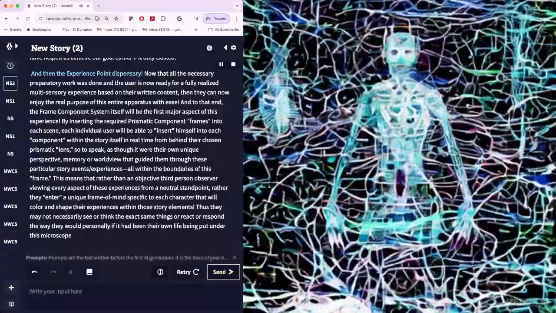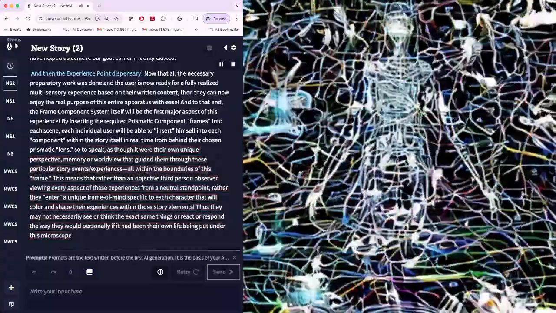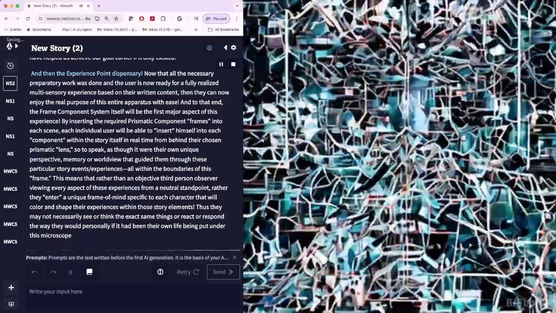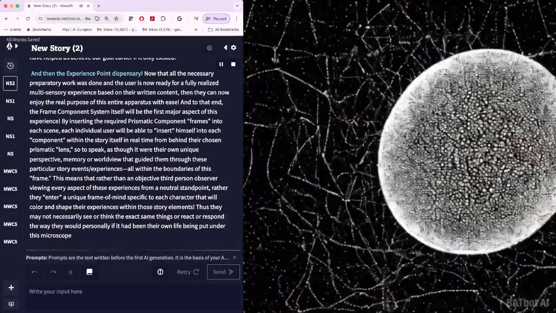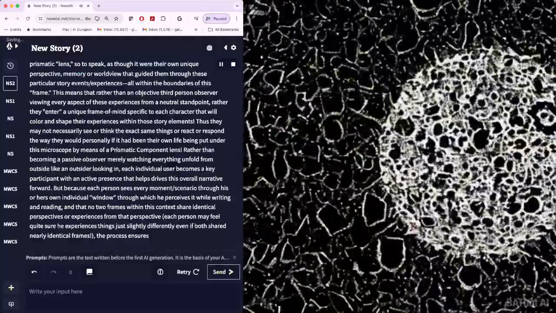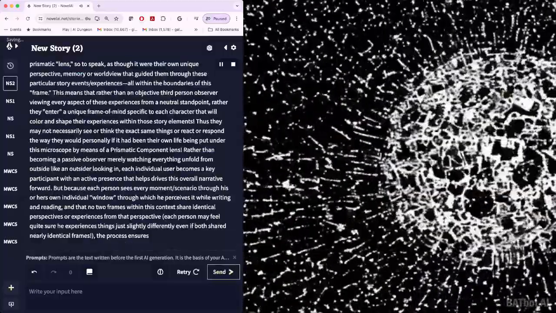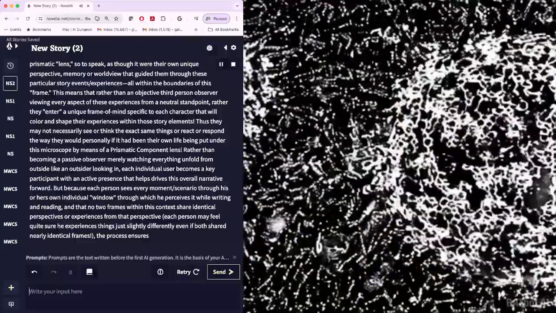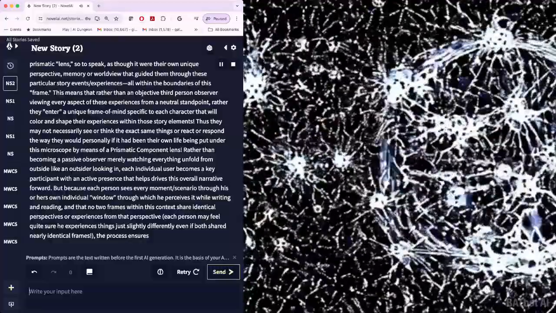Now that all the necessary preparatory work was done and the user is ready for a fully realized multi-sensory experience based on their written content, they can now enjoy the real purpose of this entire apparatus with ease. And to that end, the frame component system itself will be the first major aspect of this experience.